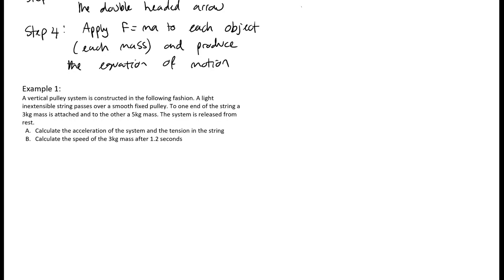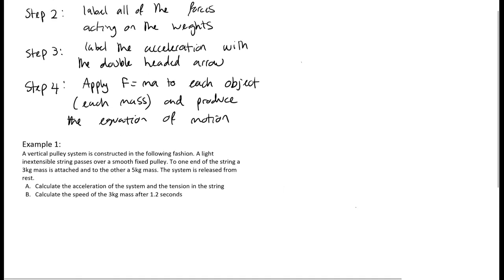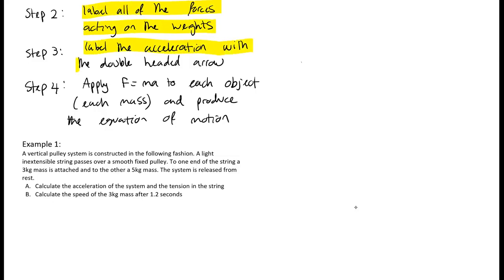Even before being asked the question, it's sensible to draw out the situation, label all of the forces acting on the weights, label the acceleration with the double-headed arrow, and then apply F equals ma to each object.